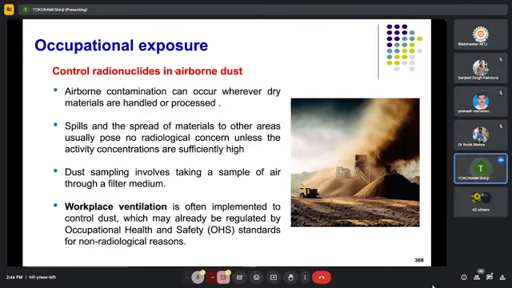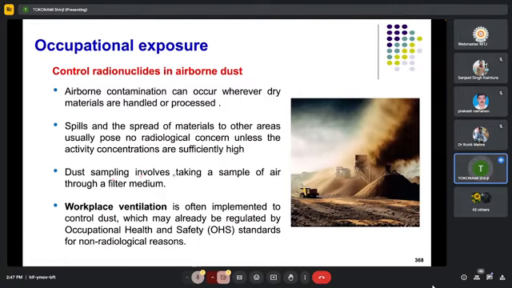Control radionuclides in airborne dust. Airborne contamination can occur wherever dry materials are handled or processed. Spills and the spread of materials to other areas usually pose no radiological concern unless the activity concentrations are sufficiently high.